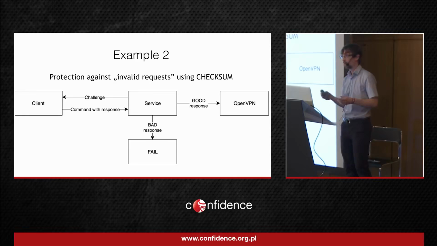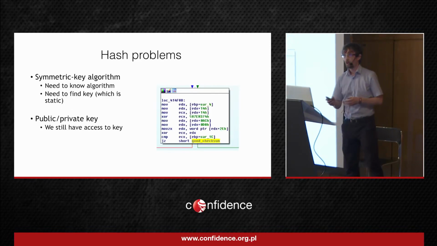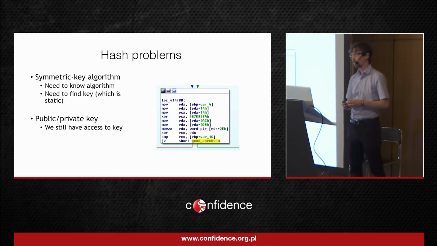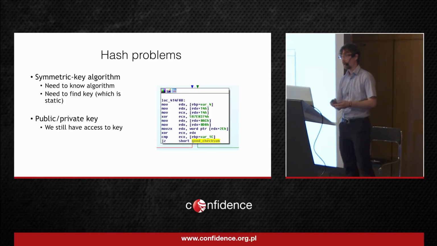Okay, so in theory it looks great, because I cannot simply pass the path to the executable; I need to have some response for the challenge. But let's think about this for a while. We have the original client interface, and this client is also sending commands to the service, so this client needs to somehow calculate those responses. Inside the client, I find the function which is responsible for calculating the response.